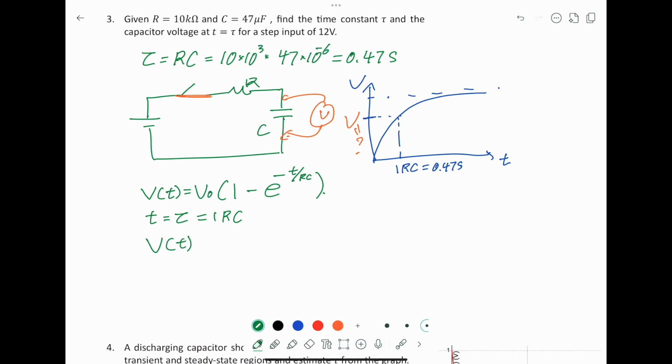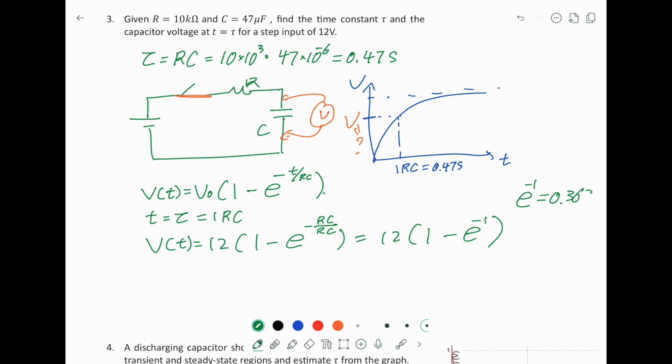this becomes the charge voltage 12 times 1 minus e to the minus T over RC, where T becomes RC. So it doesn't really matter what RC it is, the most important is 1 RC. So this is 12 times 1 minus e to the minus 1, and e to the power of minus 1 is equal to 0.368.